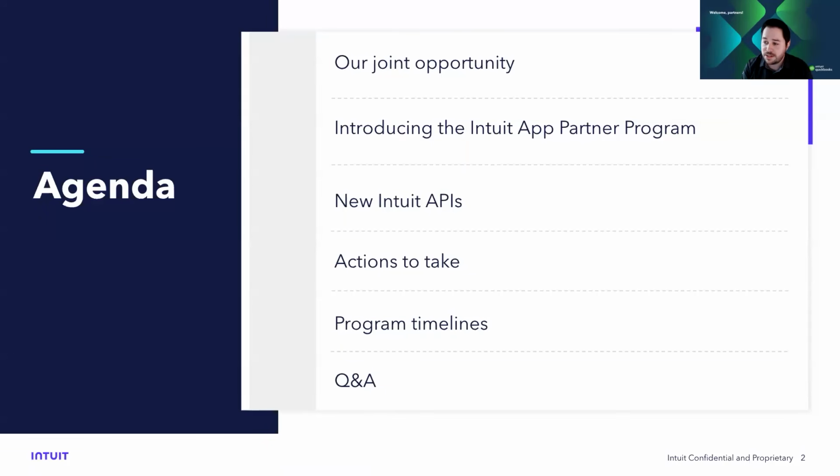We're also excited to talk about timelines and ultimately get a portion of this really focused on your questions. So we'll have a lengthy period of Q&A. Please start asking your questions and we will get to those as we go.